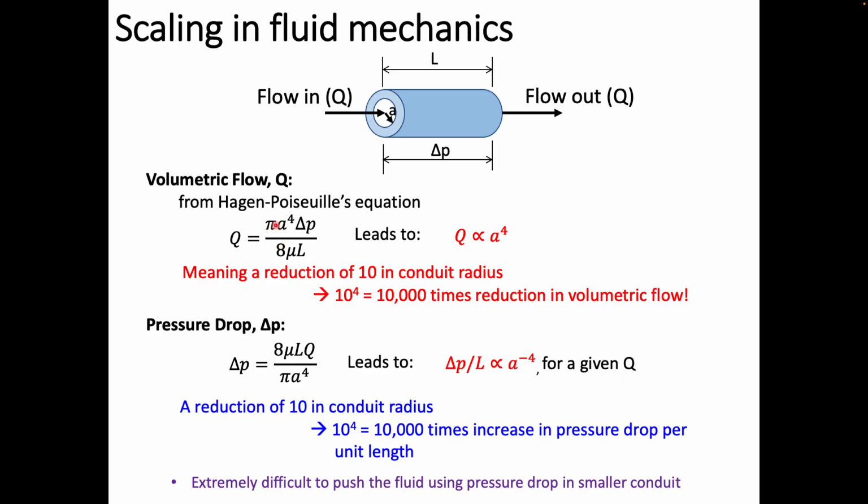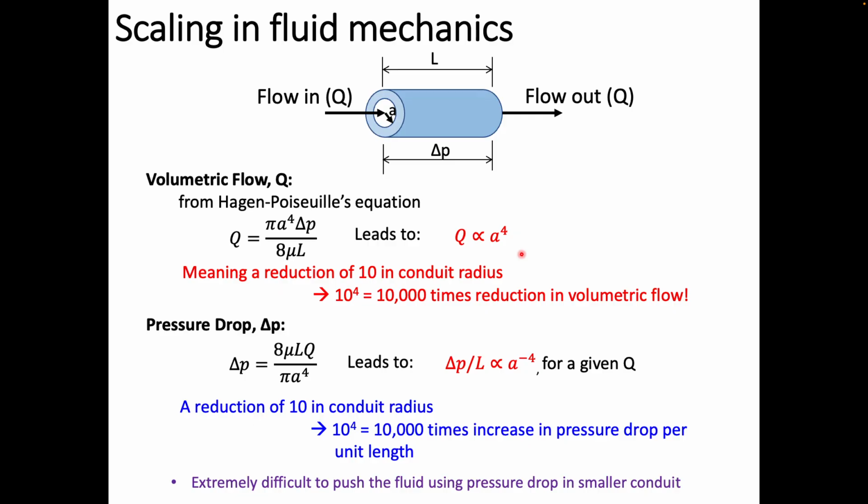Pi a, the radius, to the power of 4, and delta P, the pressure drop, over 8 times the viscosity and the length here. By looking at this, you can immediately tell what the length scale is. This a to the power of 4, and L is there, and then delta P. So it turns out that Q is proportional to a to the power of 4.